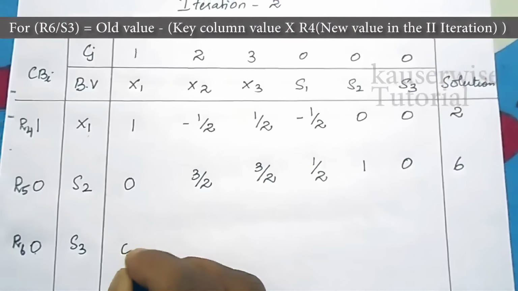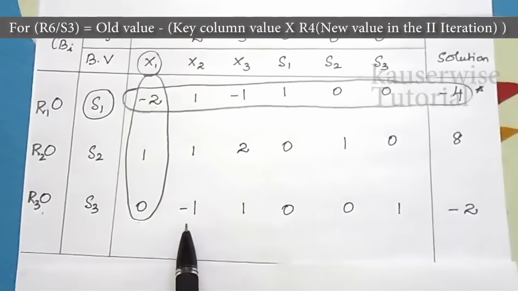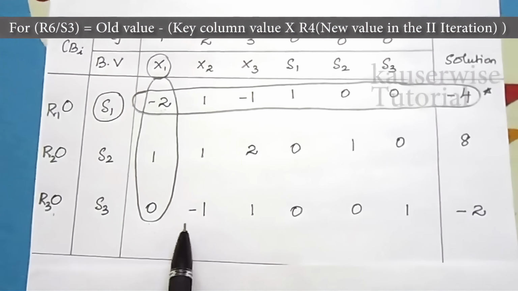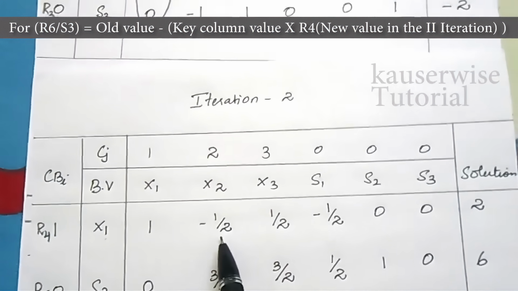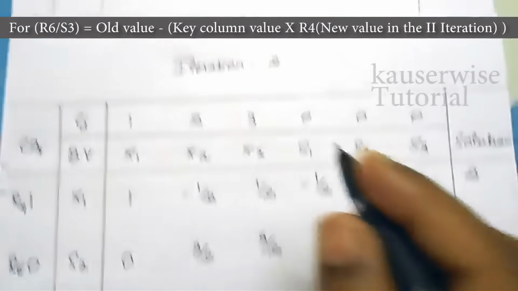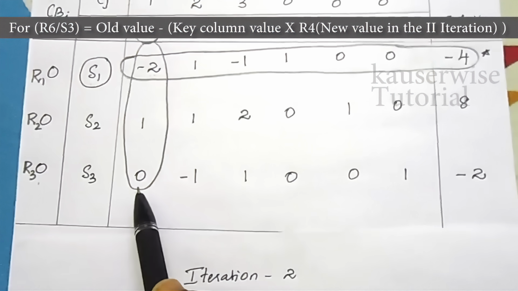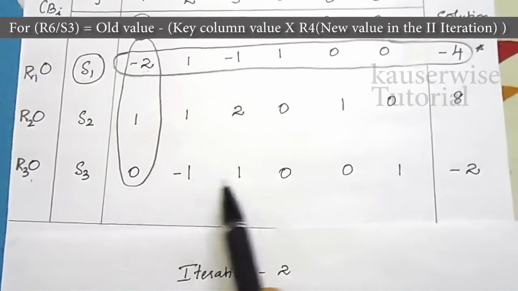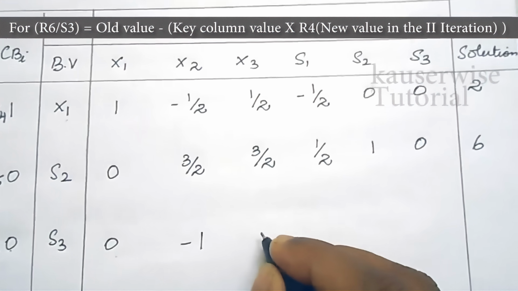The answer is 0. For the next value, the old value is minus 1 minus corresponding column value is 0 into new value is minus 1 by 2. Answer is minus 1. The next value, old value is 1 minus corresponding key column value is 0 into new value is 1 by 2. The answer is 1.